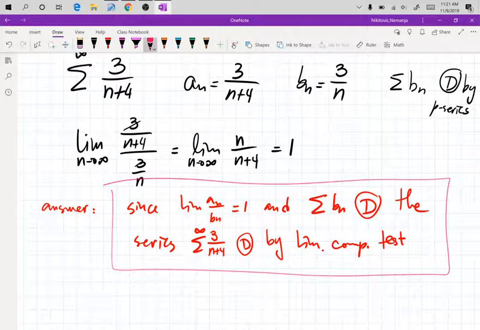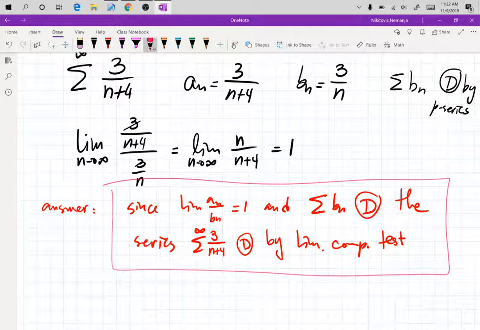So your job is to pick an appropriate problem you are comparing this to and just do the limit. You will be using whatever limit method works. Sometimes you have to use L'Hopital's rule, whatever works to solve that limit.